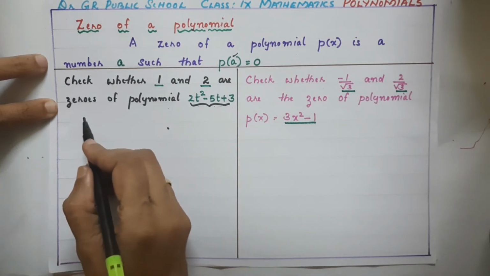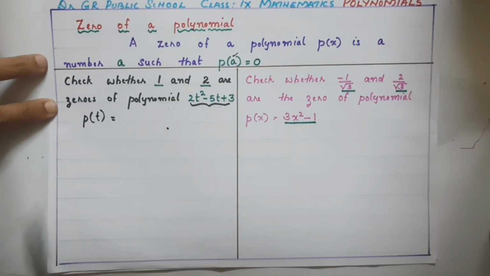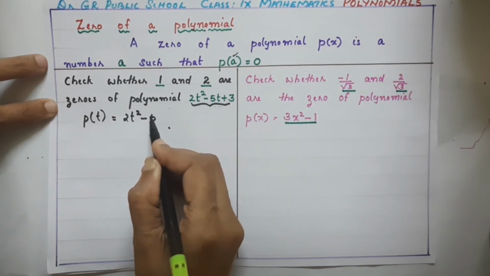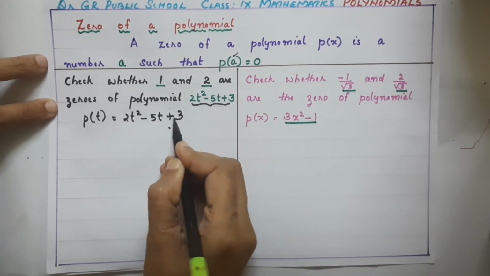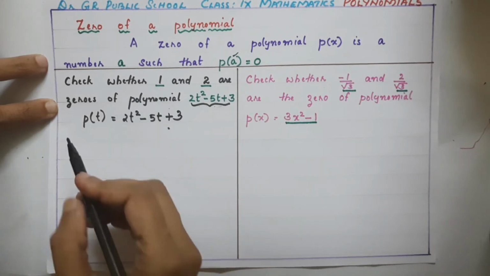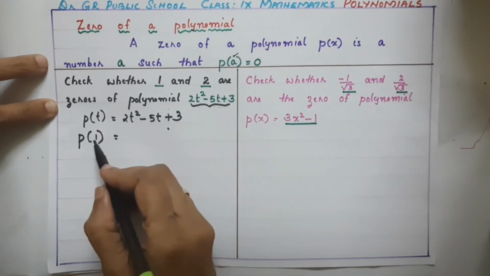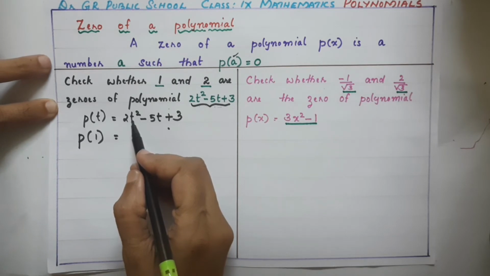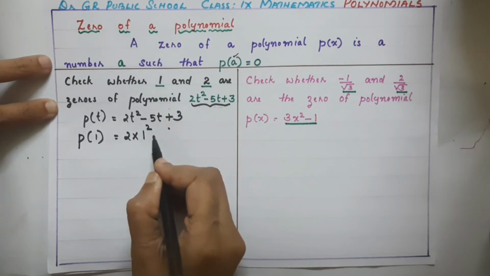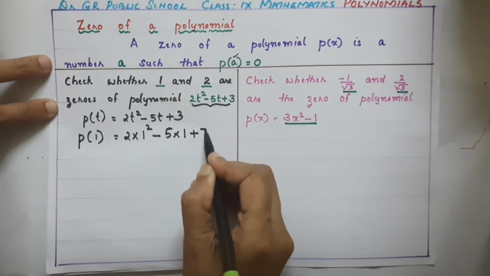So, how can we represent it? P(t) or Q(t) or R(t). Now, P(t) equal to 2t square minus 5t plus 3. Okay, children? Which one we have to verify? 1. So, we have to find out P(1). We can put 1 as the value of t. So, 2 into 1 square minus 5 into 1 plus 3.